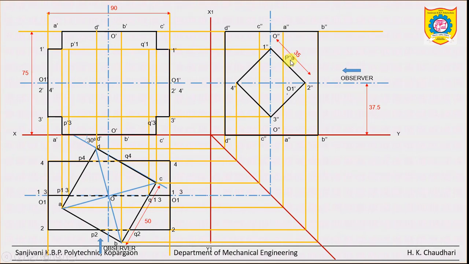Just give the label of the respective edges. Then on this side PC, this is edge number C, and similarly for the bottom side QA and here QC. So we can locate here also the PA, PC, QA, QC.